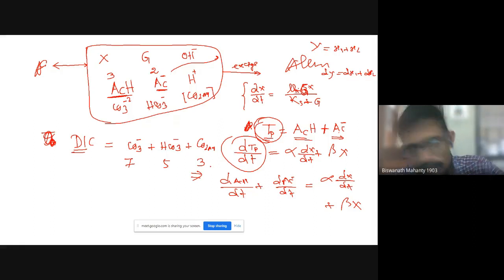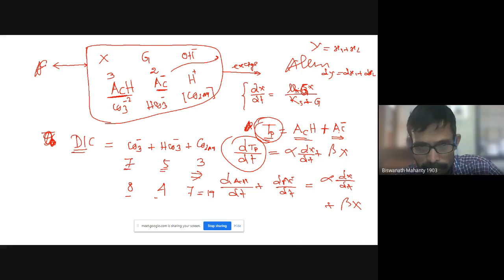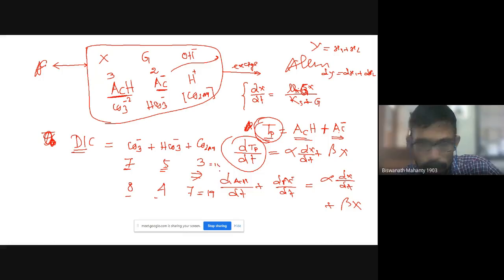If after 1 second my numbers are 8, 4, 7, how much is the total? 19. One second before, how much was there? 15. So a change of 4 is happening, overall.